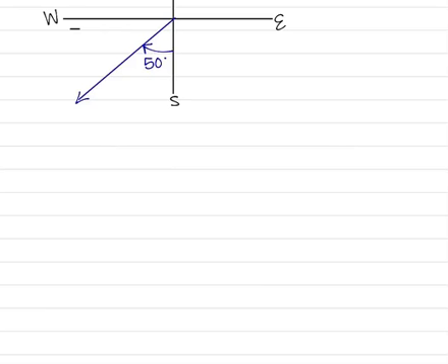So just like we did before, it's the bottom half of the quadrant, so it's on the south end, and the arrow is pointing to the left side, so that'd be the west side. And it's 50 degrees from the south, so you'd write south 50 degrees west as that bearing.